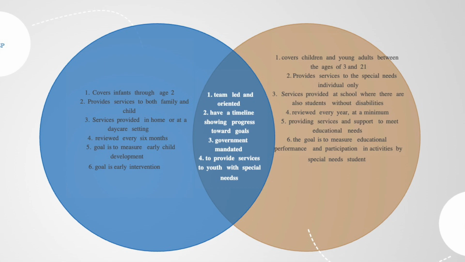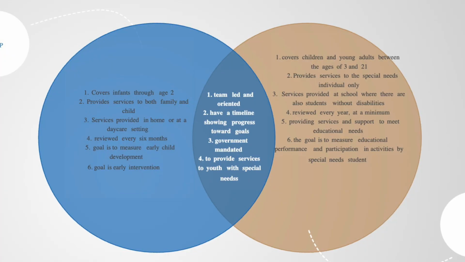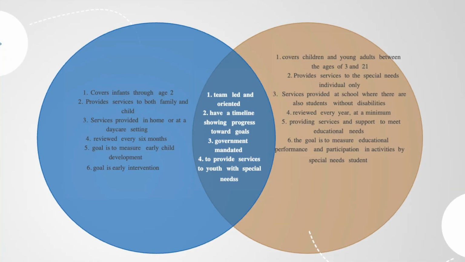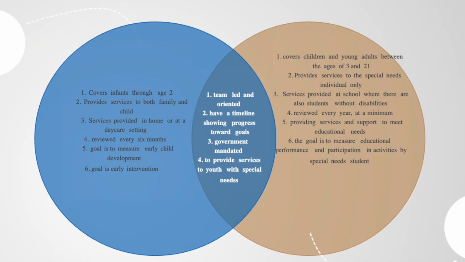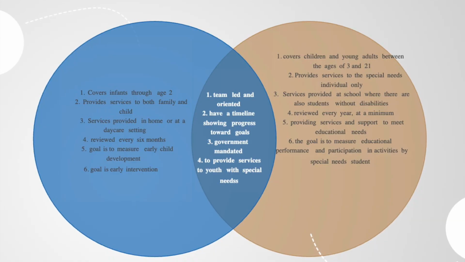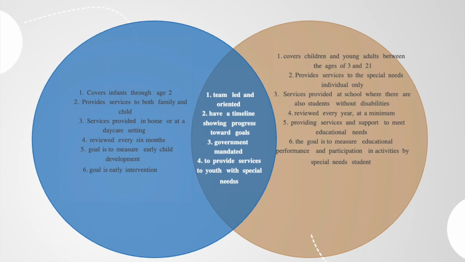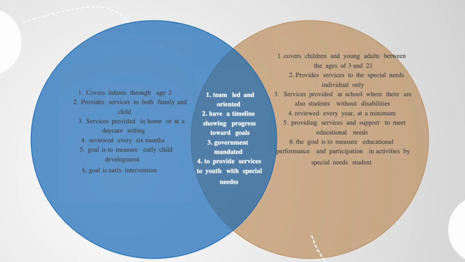When a child qualifies for services, an IFSP or IEP team works together to create their plan. The IFSP, or Individualized Family Service Plan, is for children aged birth to 2. It's family-centered and focuses on developmental outcomes at home as well as inside their community. It includes the child's current levels, their family goals, the services needed, and is managed by a service coordinator. The IFSP is reviewed every 6 months. The IEP, or Individualized Education Program, is for students aged 3 through 21.